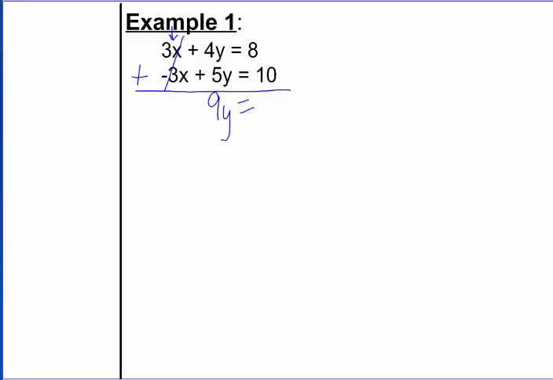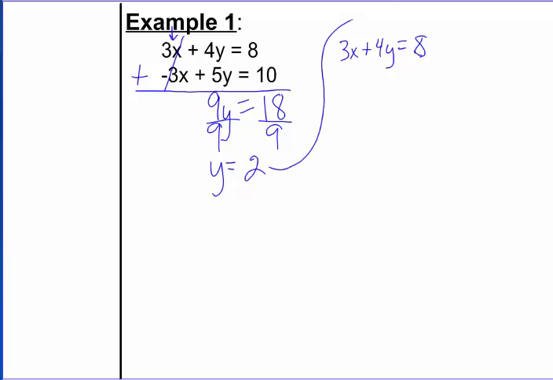Then you add 8 plus 10, which gives you 18. We now only have one variable left. Solve for that value. So you get y is equal to 2. Now go back to one of your original equations so that you can find the x value. So I'm going to use 3x plus 4y equals 8. We've got our y value, so you're going to plug it into the y spot.